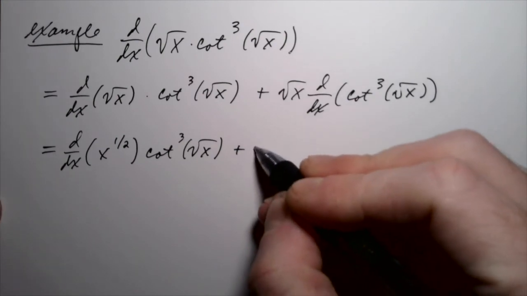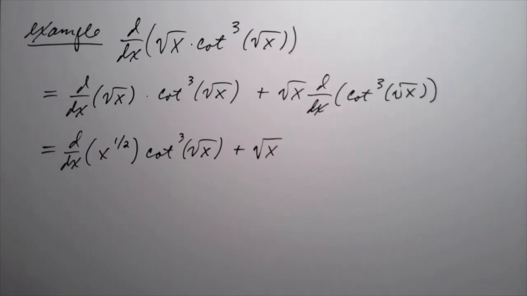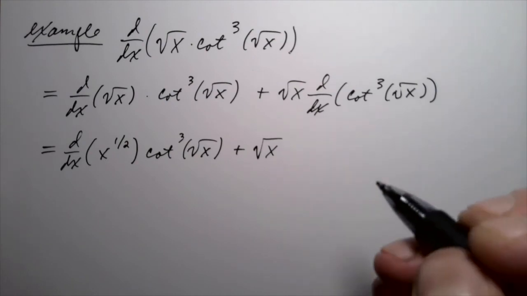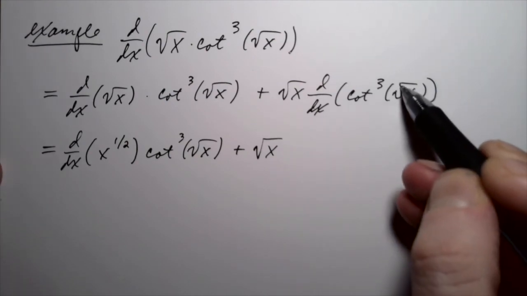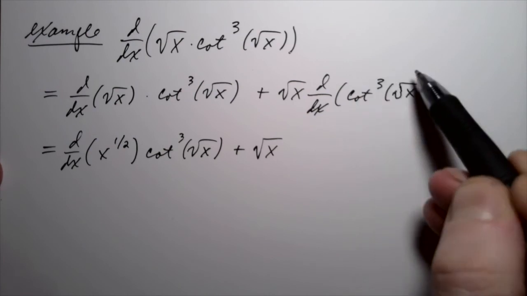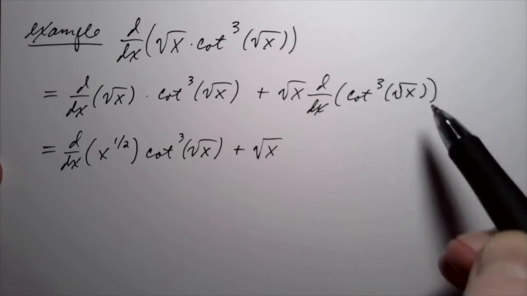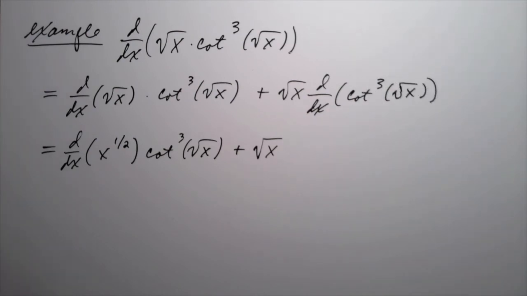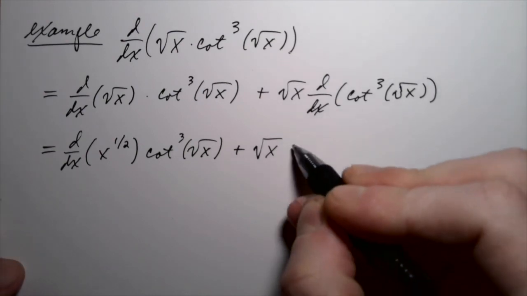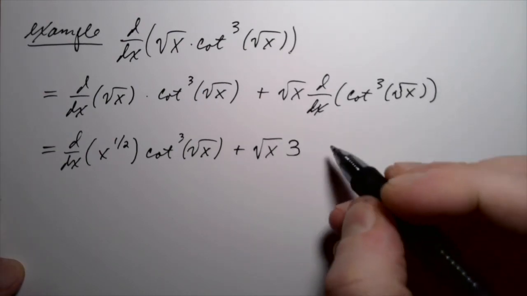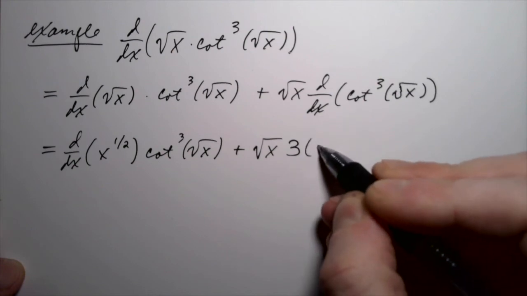Okay, this is a threefold composite, so I'm going to do this not using colors, but working my way outside in. The last thing that happens here is that we take cotangent of the square root of x and we cube it. So we need to take the derivative of that outer process, the cubing function.